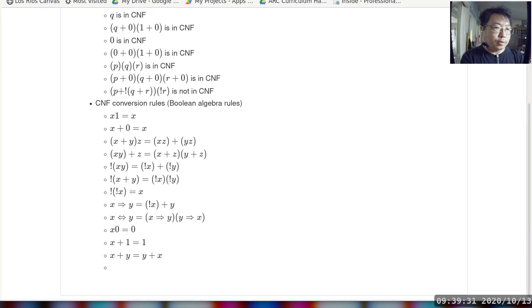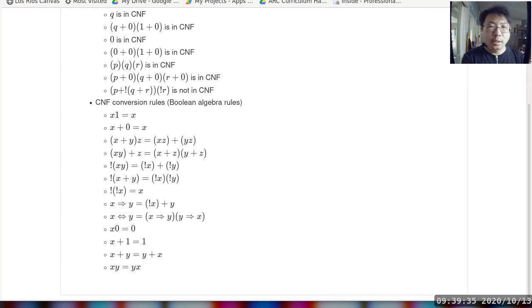And it applies to conjunction as well. x and y is y and x. So those are fairly familiar. And you can see that many of the axioms in Boolean algebra are the same as the ones in normal algebra.